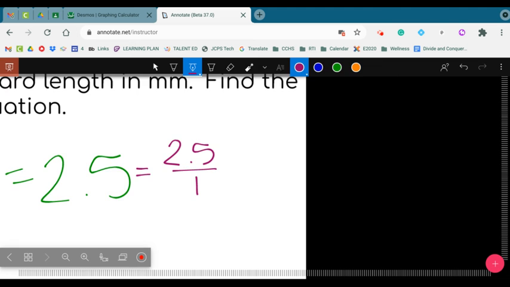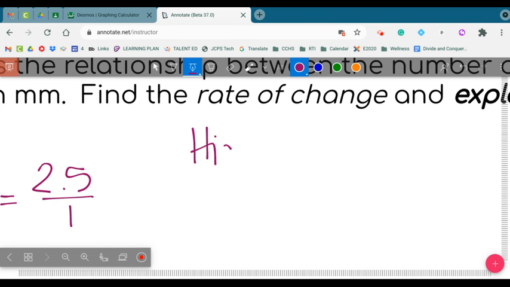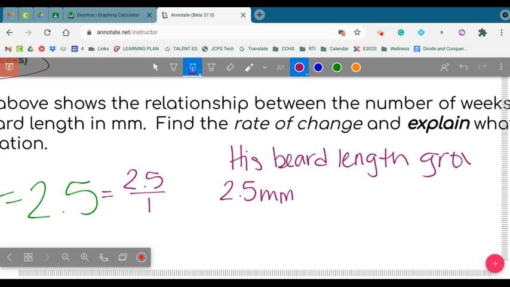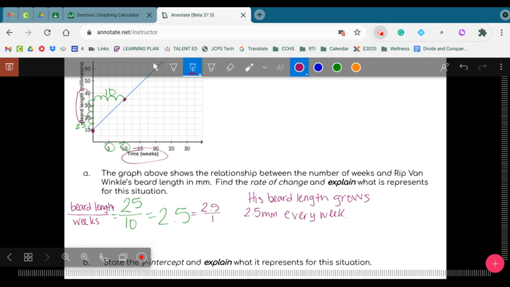So his beard length grows 2.5 millimeters every week. Okay, so that is what it means to interpret our slope and state what it is.